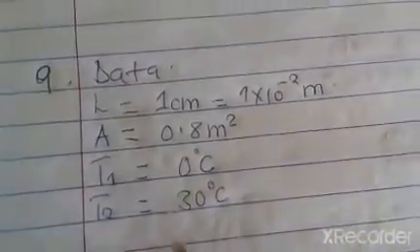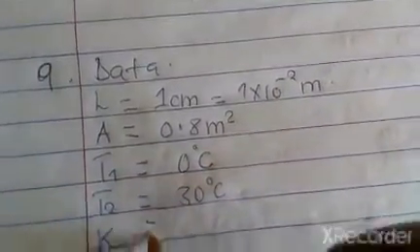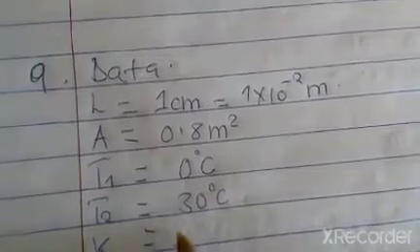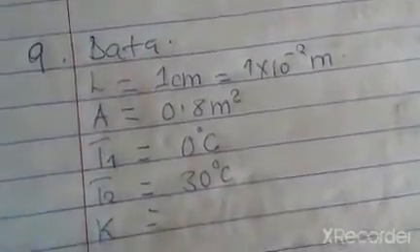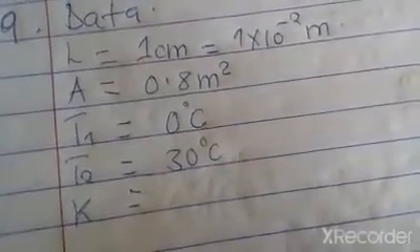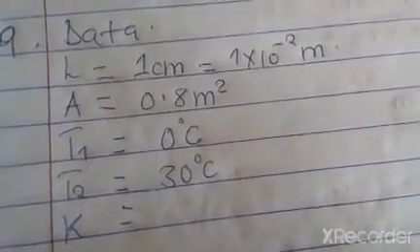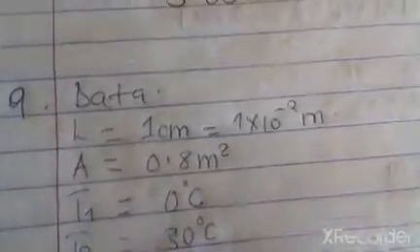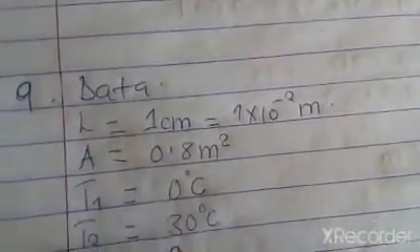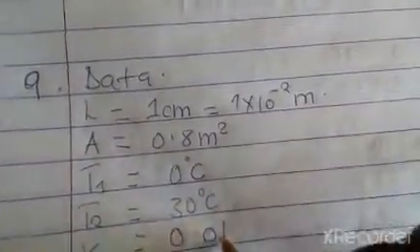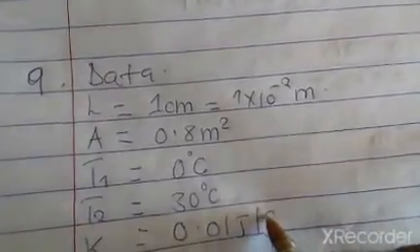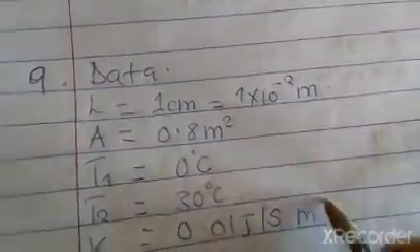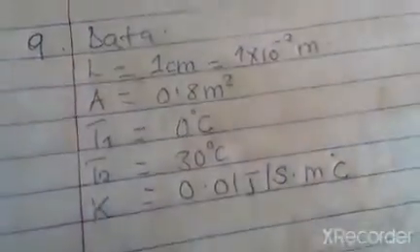The other information that we've been given is K. The question gives K of the cooler box, which is equal to 0.01 joules per second meter degrees Celsius.